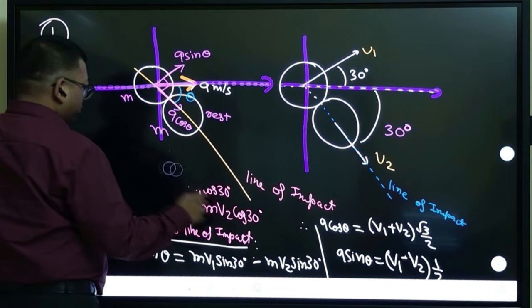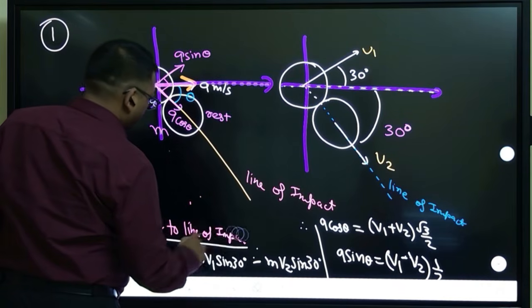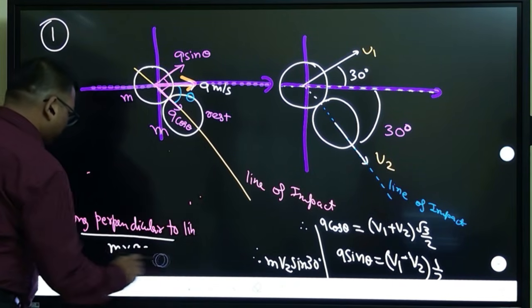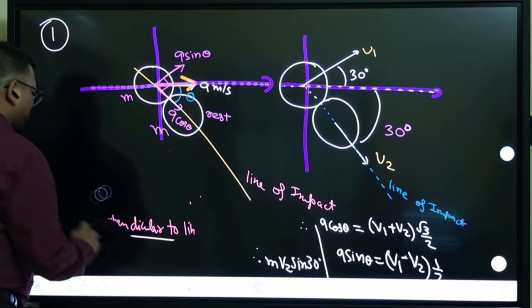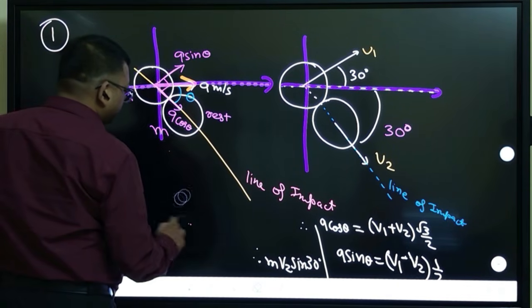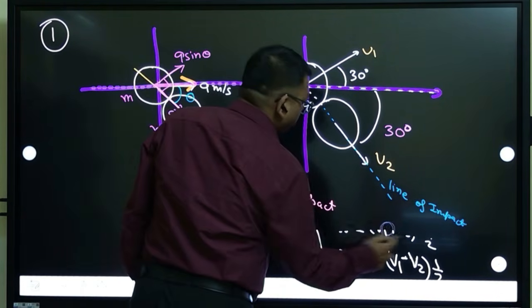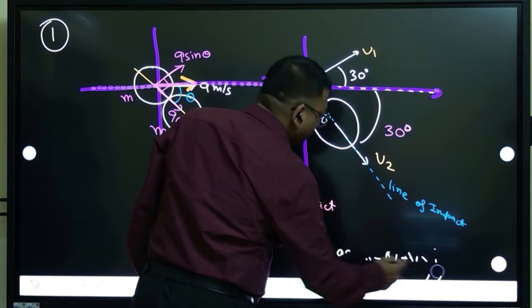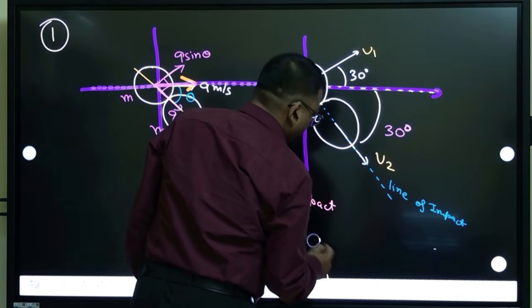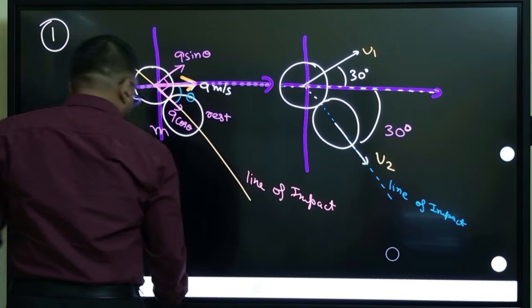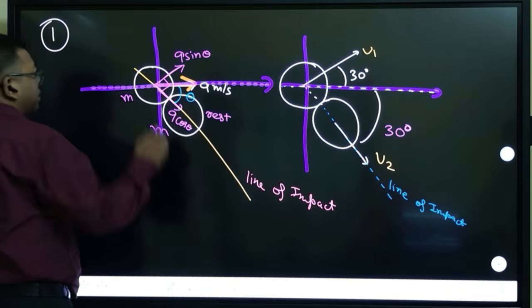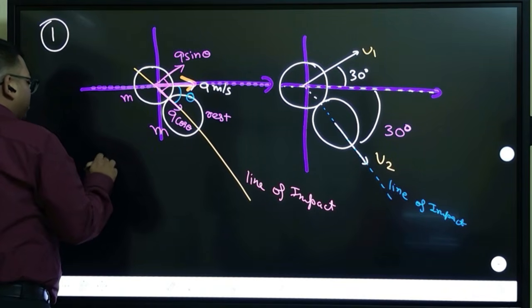So now you change the calculation. This was not clear, right? Figure is not given, so everything you have to interpret properly. Then only you can do the calculations. So now tell me, along the x-axis, how much is the momentum initially? Initially only along the x-axis, m into 9, that's all.